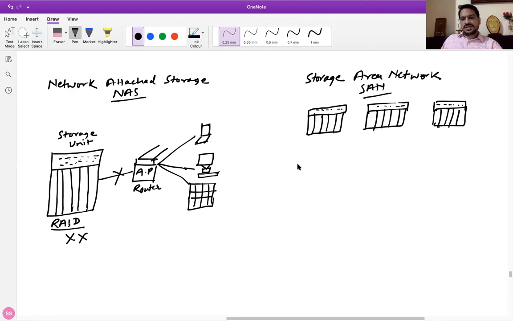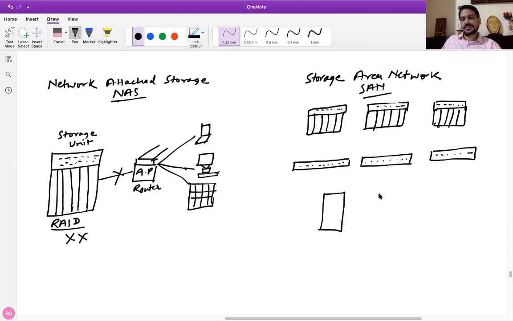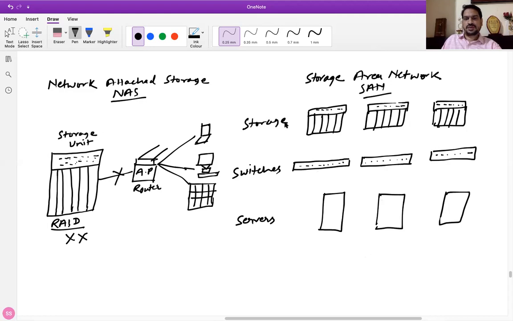Now all this storage is attached to some sort of switches. So we have the network devices, some switches, and we have some servers. So in this part, we have servers, switches, and actually storage.